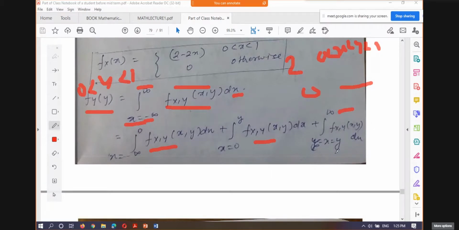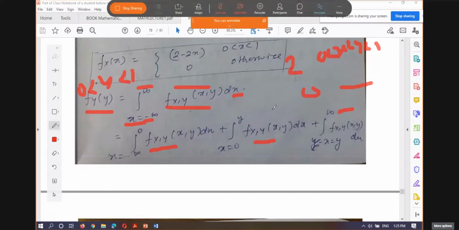Here we have to write 1, because it is not going till infinity. So for this part, because x is having value from minus infinity to 0, this is 0. For 0 to y, it belongs to this domain. Here x is less than y, so in this domain it is having the value 2.